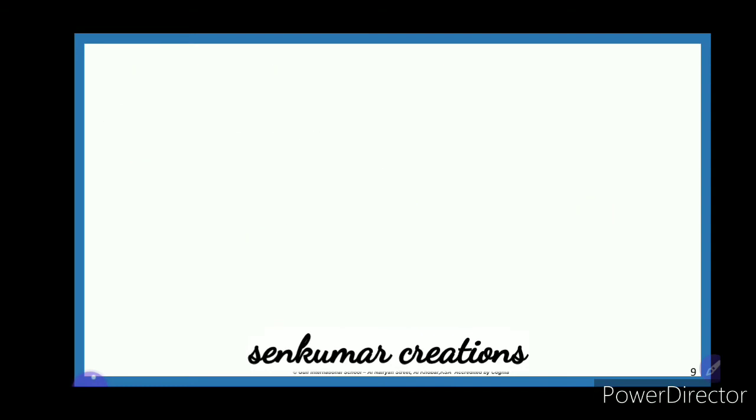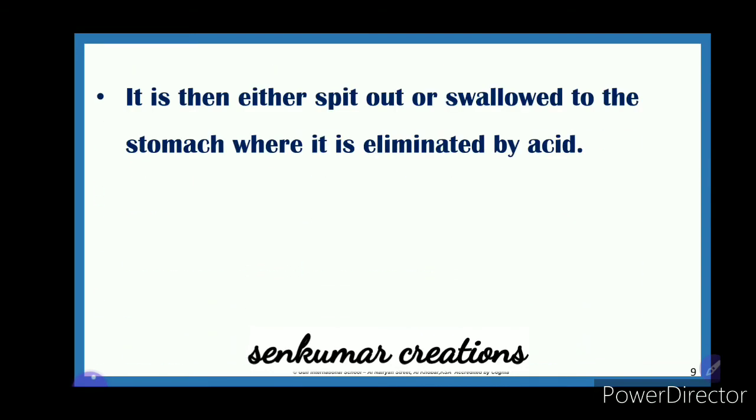So it is then either spit out or swallowed to the stomach where it is eliminated by acid. When the cilia inside the trachea push the mucus towards the throat, sometimes we spit the mucus outside or sometimes we swallow it. When we swallow, it reaches the stomach where the hydrochloric acid eliminates it.